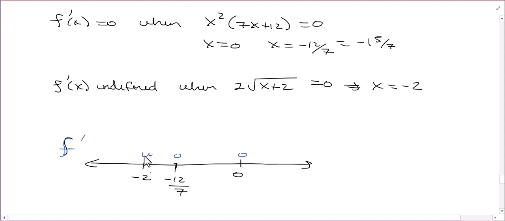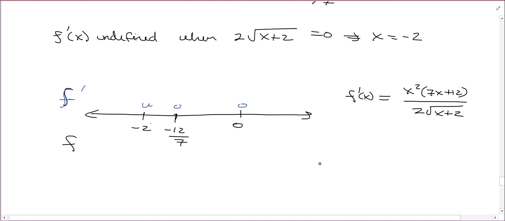Undefined, we're not going to have anything there in terms of local max or min. And we're trying to see what the function is doing. So let's pick our test points, and I'm just going to rewrite our derivative just to make sure we have it fresh. So it's x squared times 7x plus 12 over 2 square root of x plus 2.